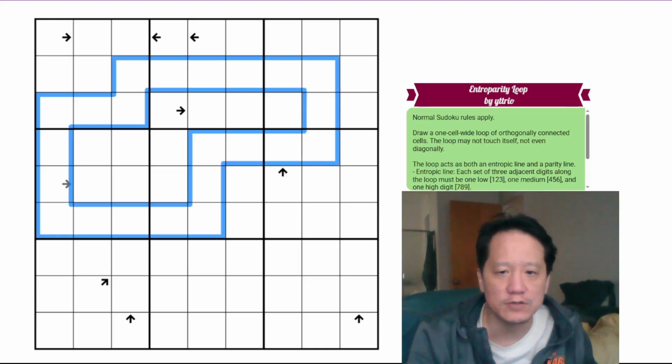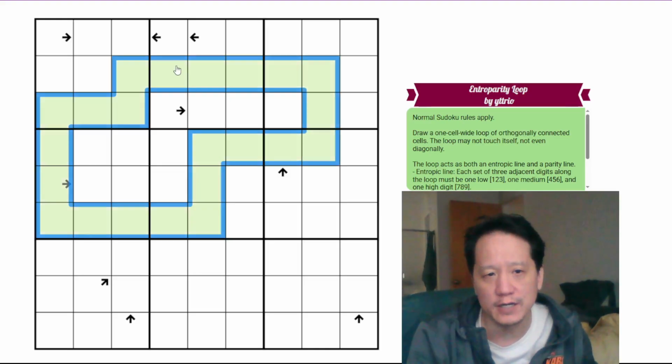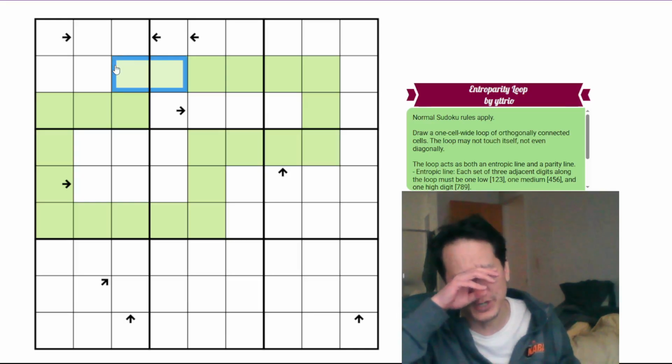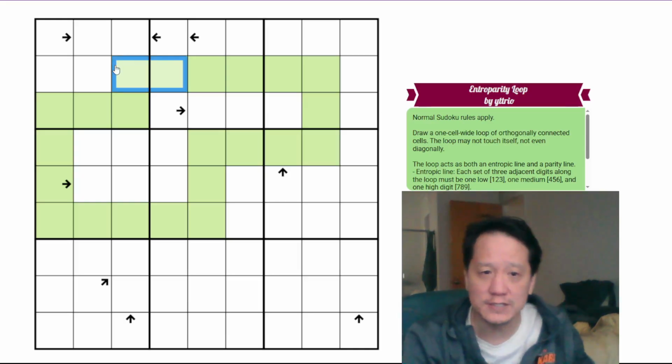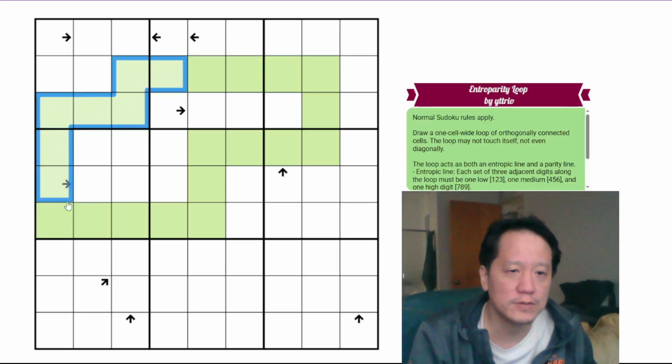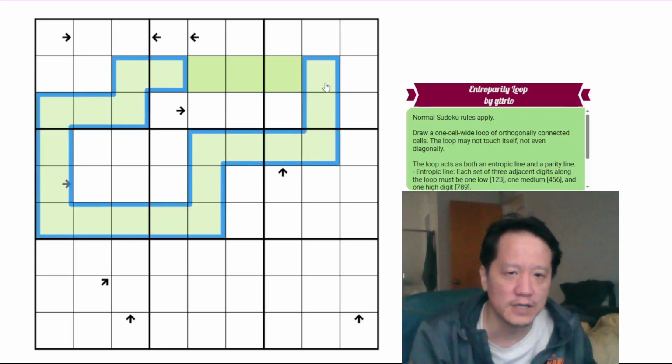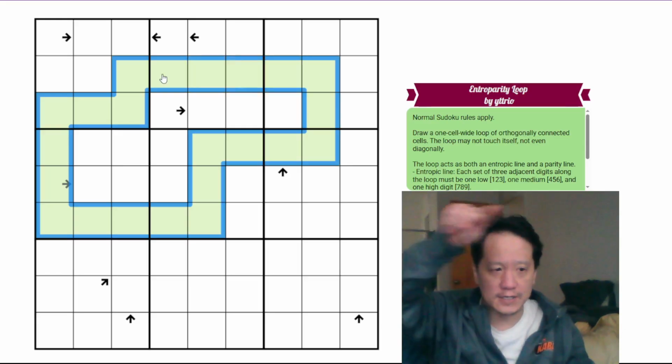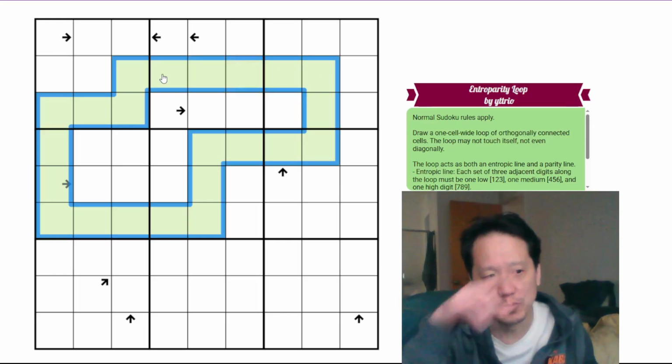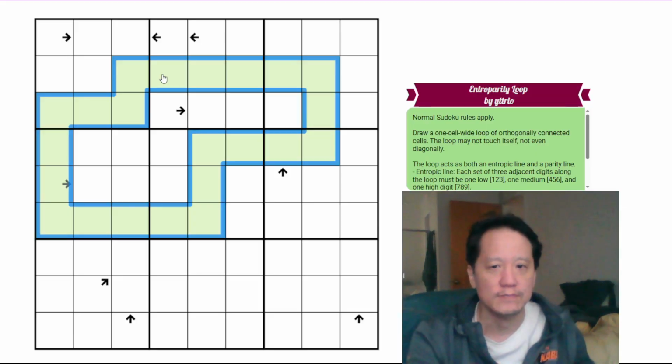So what is an orthogonally connected loop? Another definition is that every cell on this loop, which connects to itself, right? It's a loop, not a path.